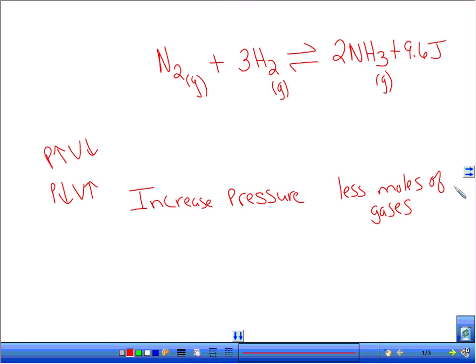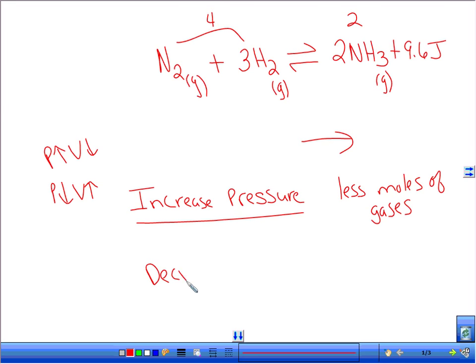And that should make sense. The more gas you have, the more pressure you're going to have. So if you increase the pressure, it's going to go to the side that has less moles of gases. If we look at this, this side has 4, this side has 2. So if I increase the pressure on this particular one, it's going to cause it to shift to the right.